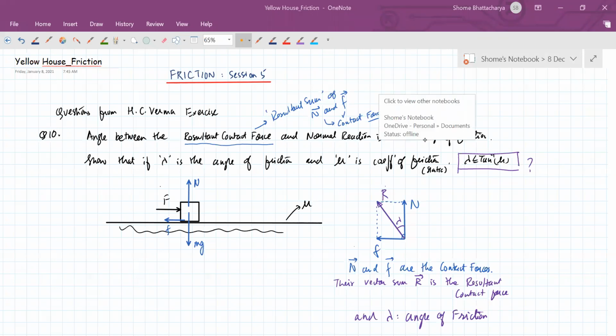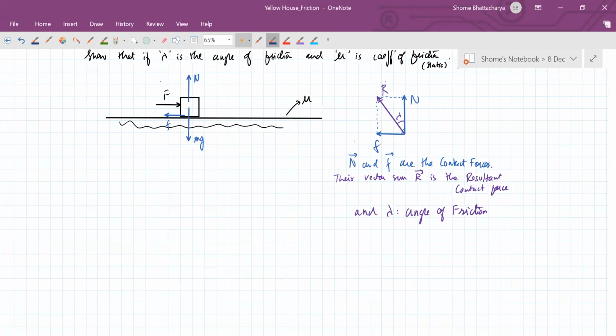Very good. Okay. So you can see that because normal reaction is perpendicular to friction, so that means R being N plus F, R's magnitude will become square root of N square plus F square.